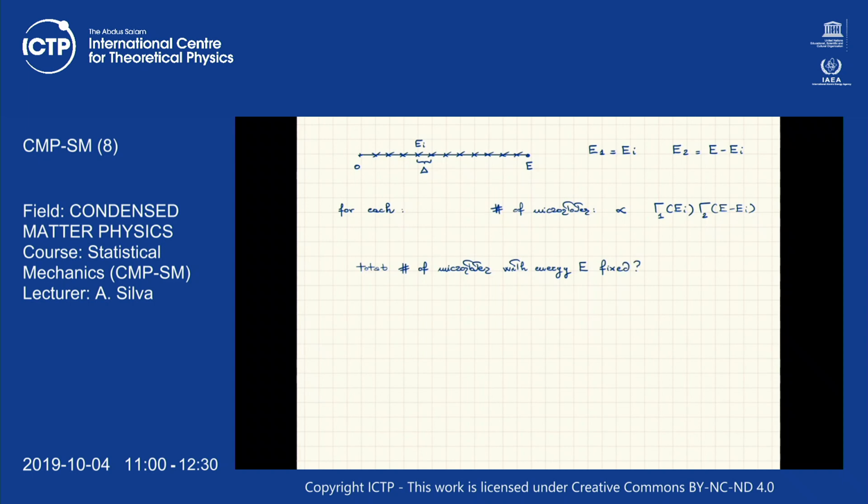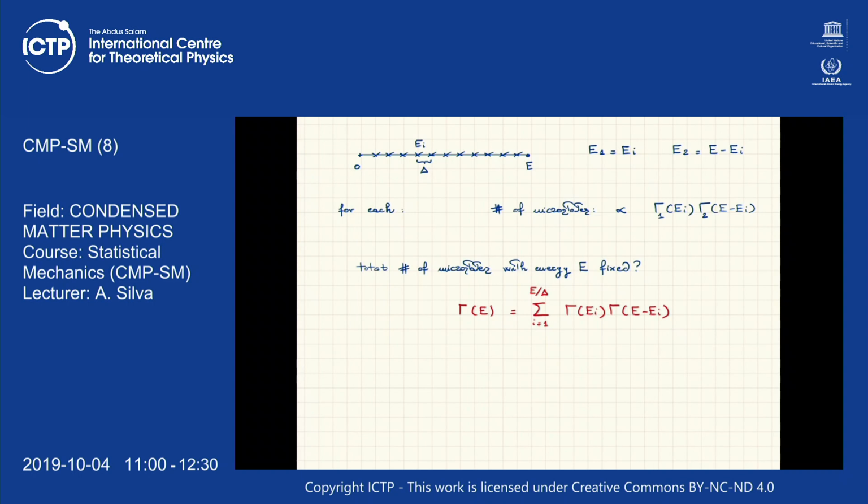The answer is that it's going to be proportional, let's call it gamma of E, to the sum over i from 1 to E over delta, so these are all these points, of gamma of E_i times gamma of E minus E_i.